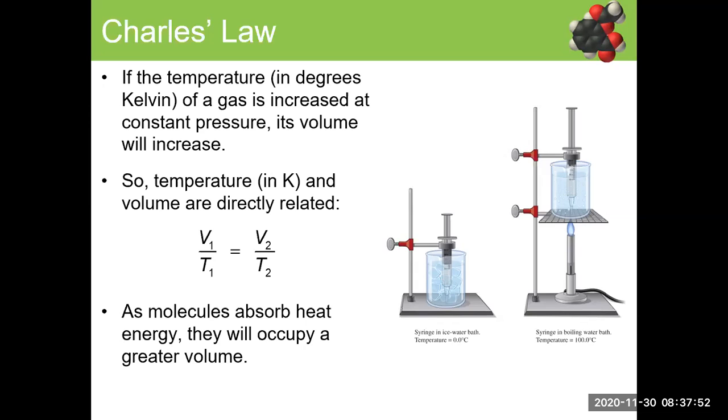The mathematical relationship is V1 over T1, the initial volume and temperature, equals V2 over T2, the subsequent volume and temperature. What this means is that as molecules absorb heat, they'll occupy a greater volume.